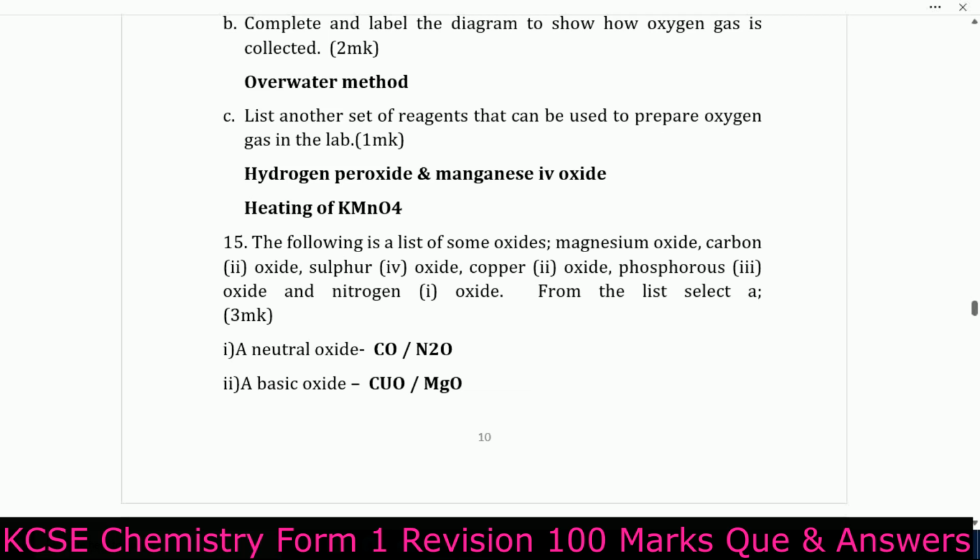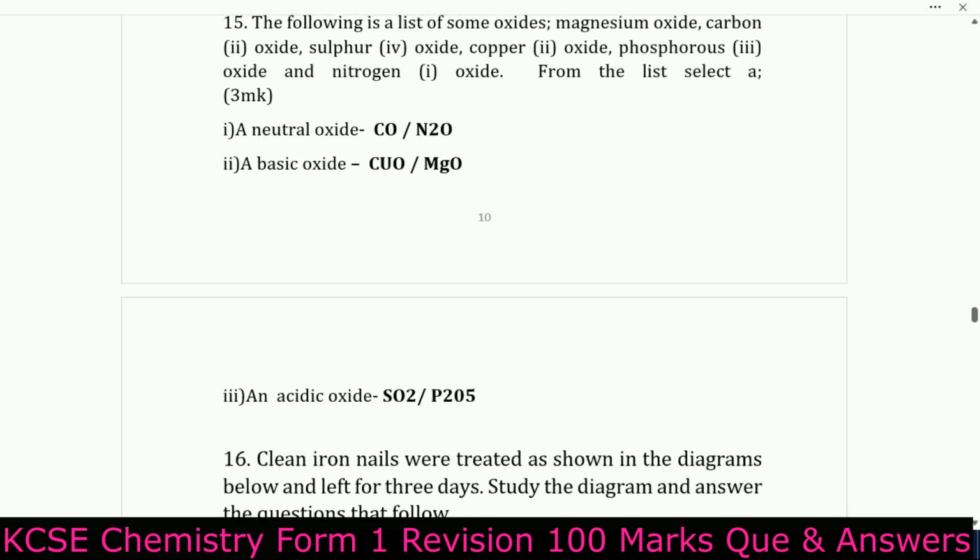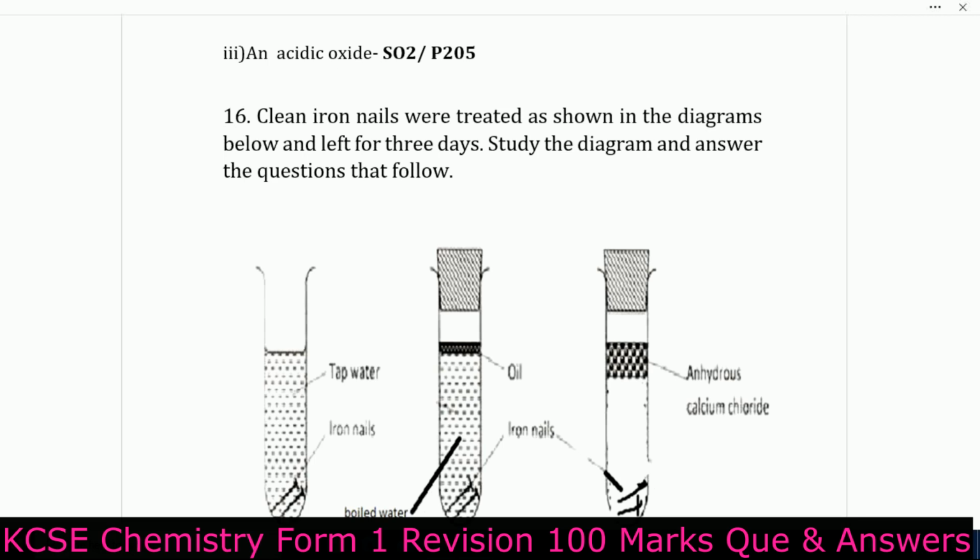From the list, select number 1, a neutral oxide. That one is you can see it there. And basic oxide, that one. Acidic oxide, that one. You can see them there.